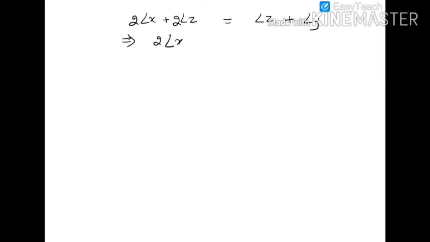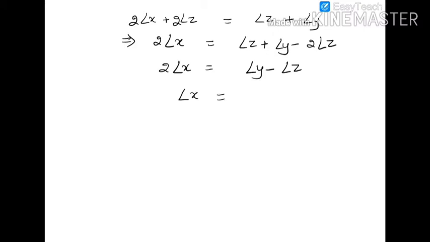So 2 angle X is equal to angle Z plus angle Y minus 2 angle Z. Adding like terms, we get angle Y minus angle Z equal to 2 angle X. Dividing both sides by 2, we get angle X equal to half times (angle Y minus angle Z).